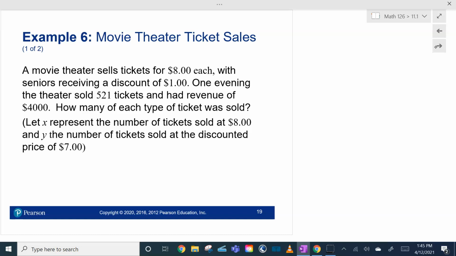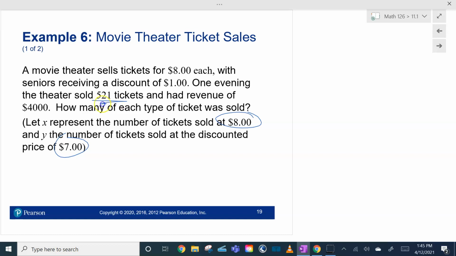One evening, the theater sold 521 tickets and had a revenue of $4,000. How many of each type of ticket was sold? So let's let X be the tickets sold at $8. Y is the senior tickets sold for $7. Okay, so X is number of tickets sold at 8. Y is the number of tickets sold at $7, right?